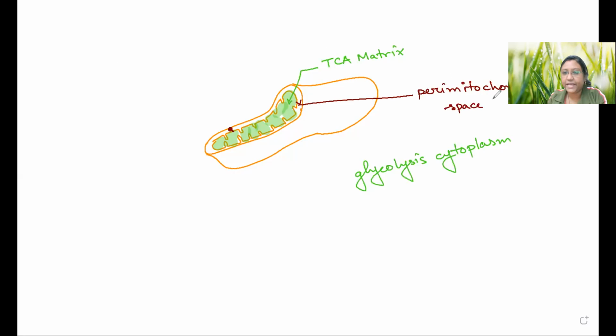That's why I am mentioning it so specifically. If you see, this is the outer membrane, and the cristae are made by the foldings of the inner membrane.